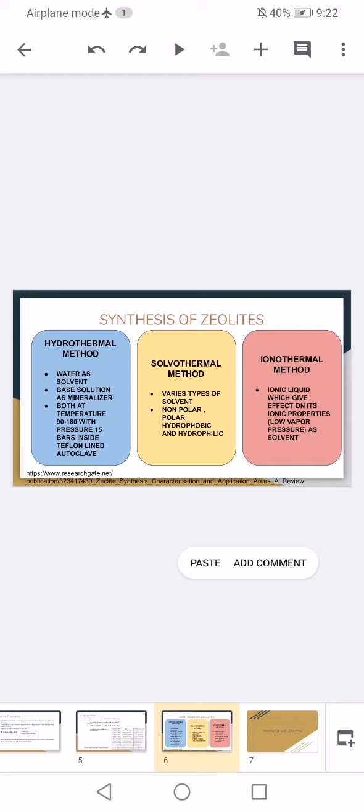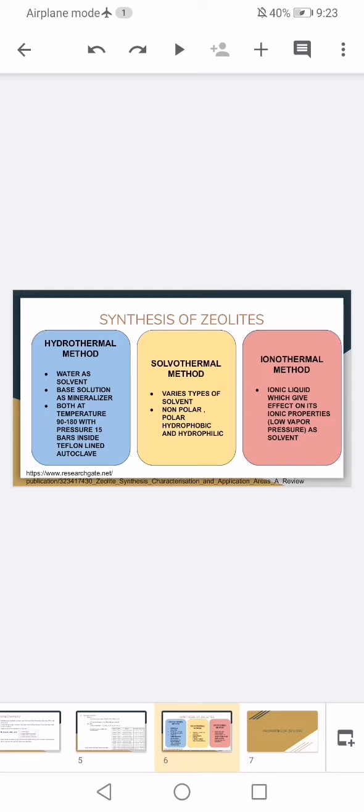While for the liquid phase, it uses solvent, so in the presence of solvent it is easier for the transportation of molecules as it occurs at a lower temperature, which is lower than 300 Celsius. So the synthesis of zeolites is carried out in the liquid phase.